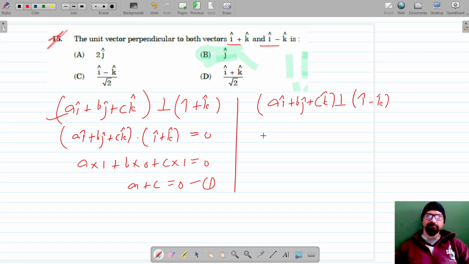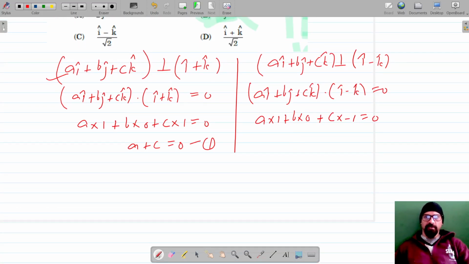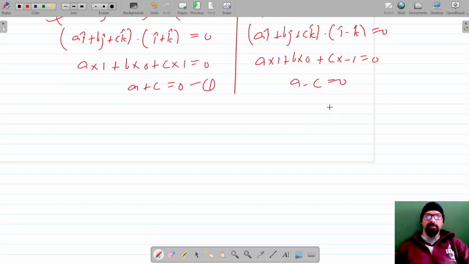So the dot product of a i cap plus b j cap plus c k cap with i cap minus k cap is equal to 0, and that gives a into 1 plus b into 0 plus c into negative 1 is equal to 0. So that gives a minus c is equal to 0. If I solve these two equations, I get a is equal to 0 and c is equal to 0.